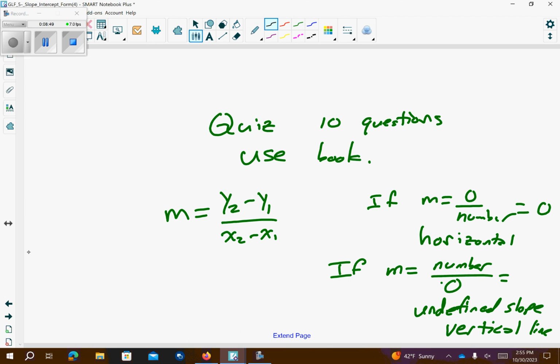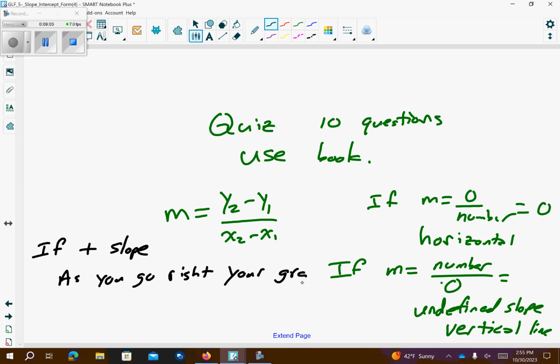If our slope is positive, slope means as you go right, your graph goes up. So this would be like a positive slope.